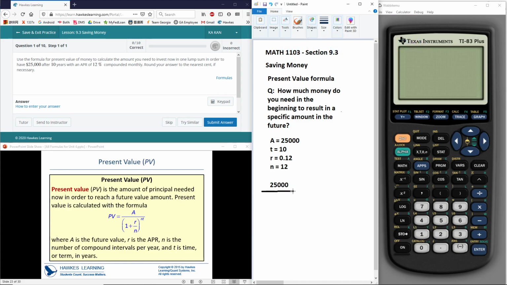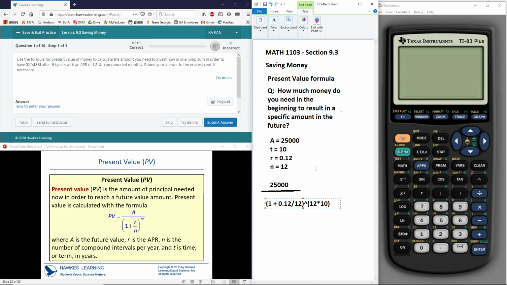There you go. Like this. 25,000 divided by, the bottom should be 1 plus the rate, 0.12 divided by 12, right? And then it's raised to the power of 10 times, let's do 12 times 10.